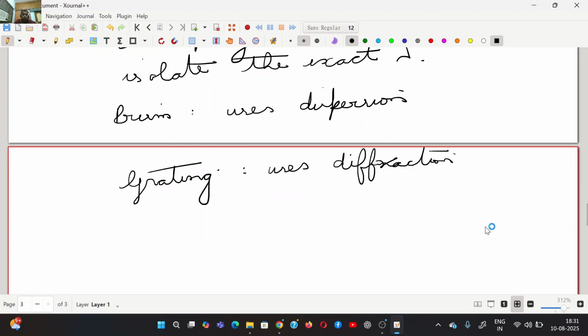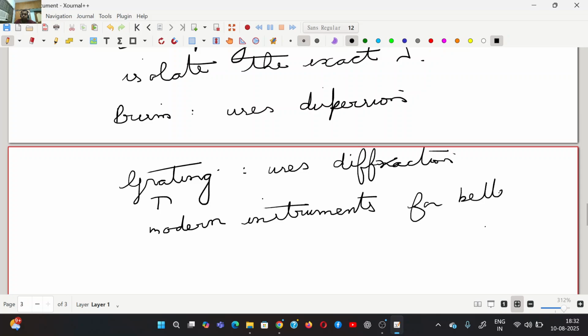So generally modern instruments use gratings, because it has better resolution. Whereas prism is a little bit old-fashioned. It was used in the earlier versions of the equipment. Modern instruments, for better resolution, use grating.